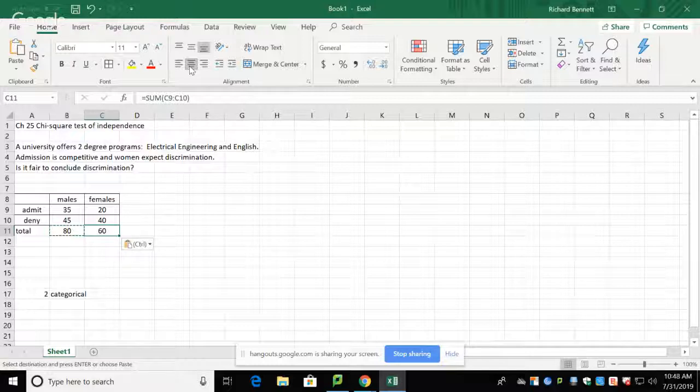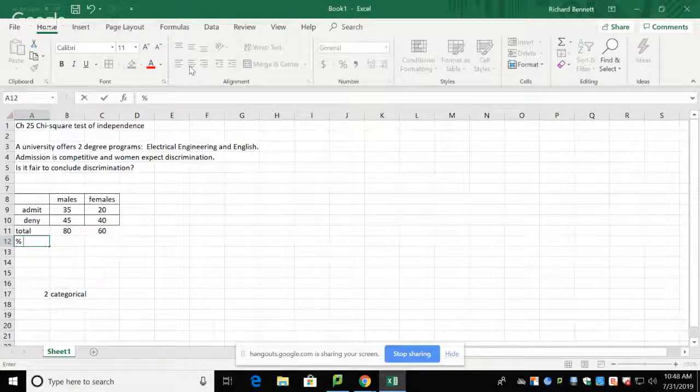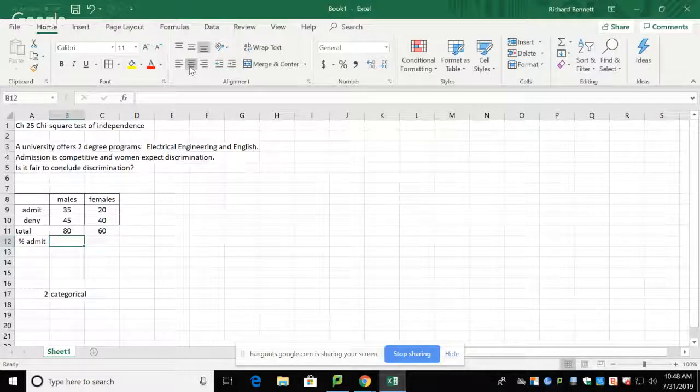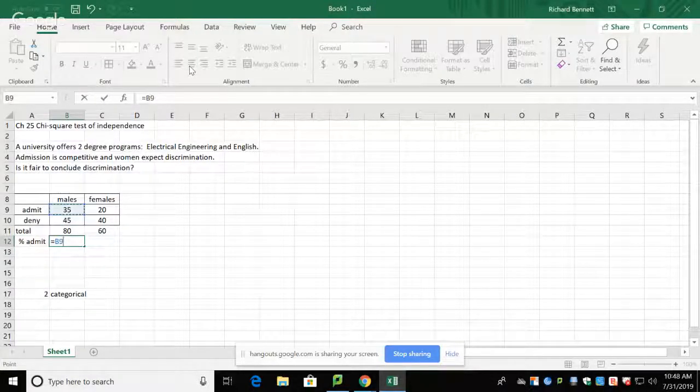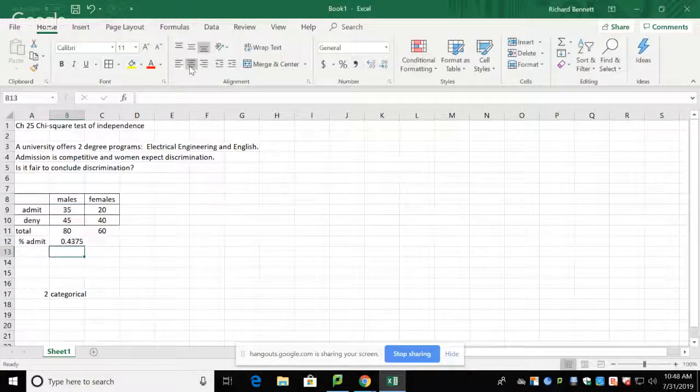The ratio. Okay, we did a ratio or a percent admitted, right? How would we figure that out? 35 over 80. So 43% of men were admitted, 33% of women were admitted.